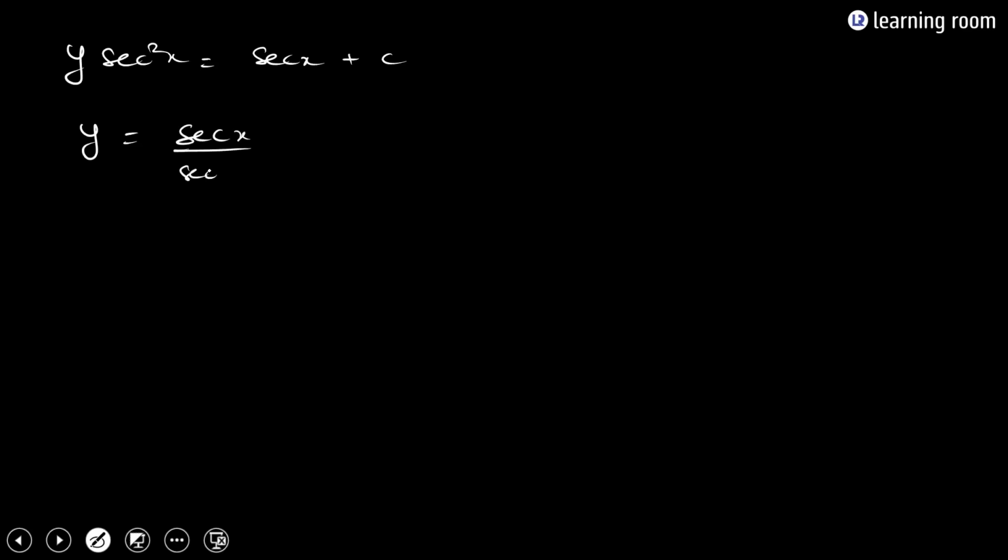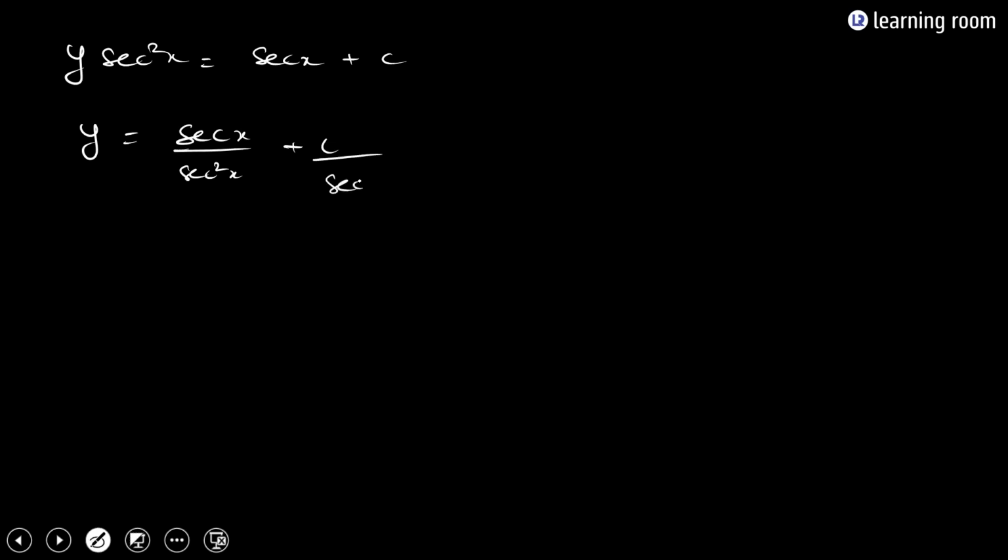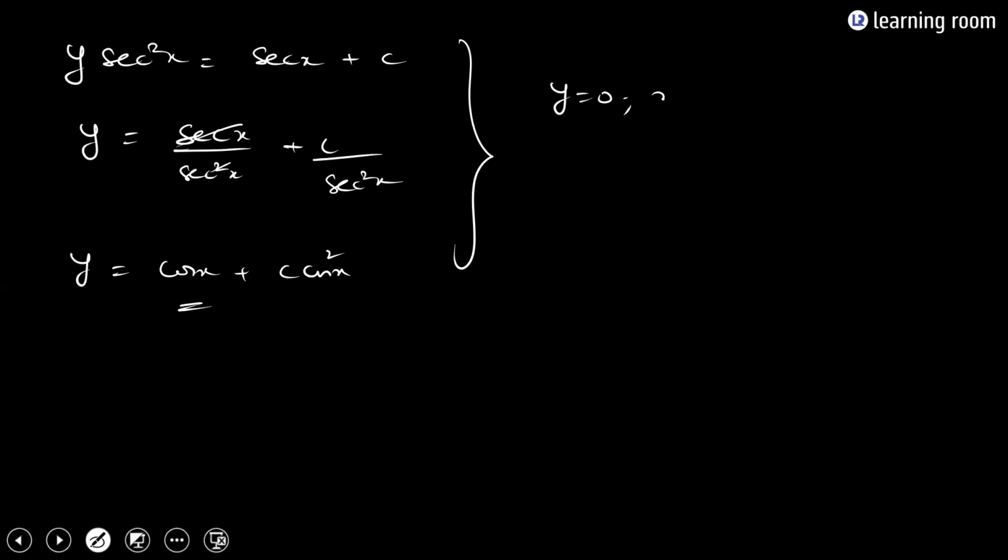So y will be equal to secant x by secant square x plus c by secant square x. So y will be equal to cos x plus c cos square x. Okay. Now they told y is equal to 0 when x is equal to pi by 3.